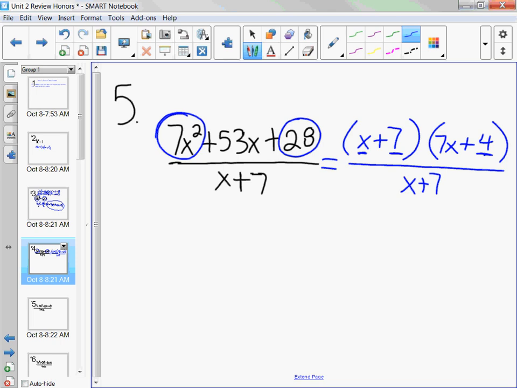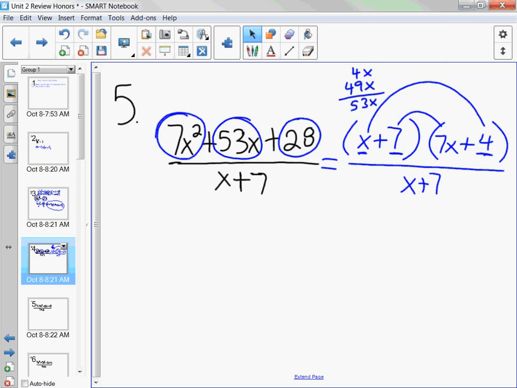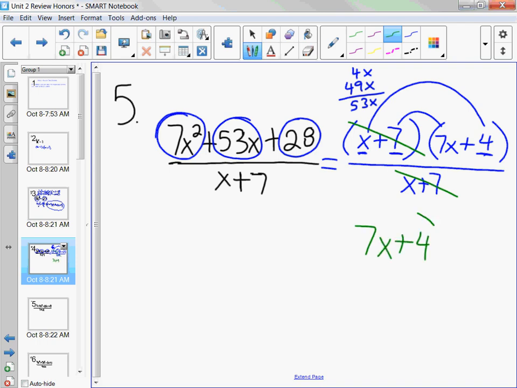And so that probably is my other binomial, but I can check by multiplying the two outer numbers together. That's going to give me 4x. And the two inner numbers together, that's going to give me 49x. Add those together, I get 53x, which is the middle term over here. So that is the correct factorization. All I need to do now is cancel out the x plus 7's, and my answer is 7x plus 4.